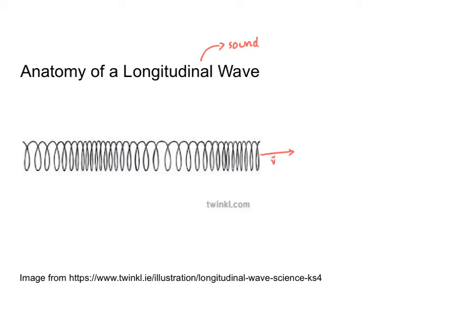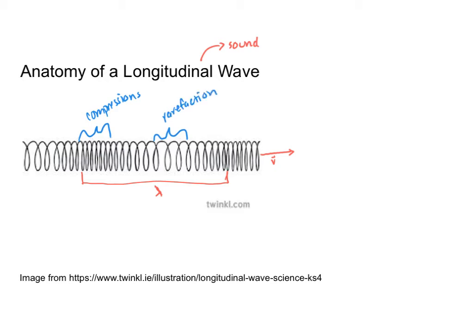So just like a transverse wave, a longitudinal wave has a wavelength lambda, and that's going to be the length of one full wavelength. So here, this is approximately lambda. It's a little harder to see on a longitudinal wave. Now, instead of crests and troughs, longitudinal waves have compressions, where the wave is closer together, and rarefactions.